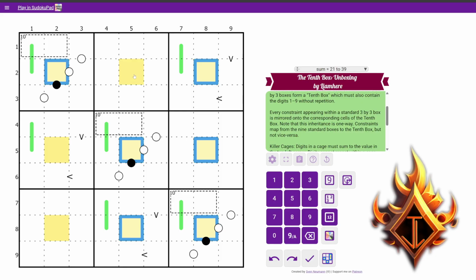So what took it out of here? Because of the tin box, because that would have to be 1. And both of those would be 2. So 9 is definitely, and it can't go, oh yes it can.